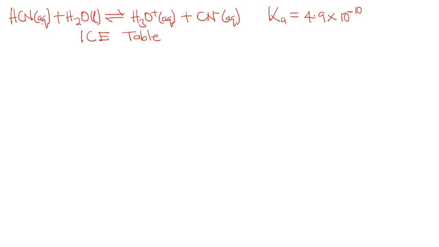So the table will cover HCN, H3O plus, and CN minus. So I'll have a table that has 4 sections.